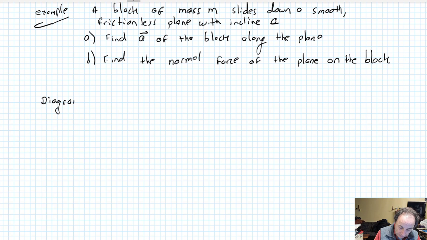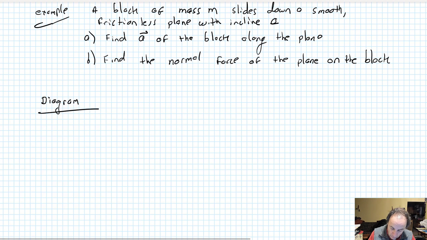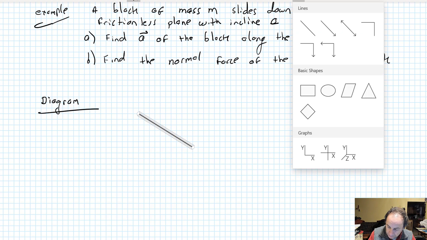So here's our diagram. In the diagram, we have a ramp.